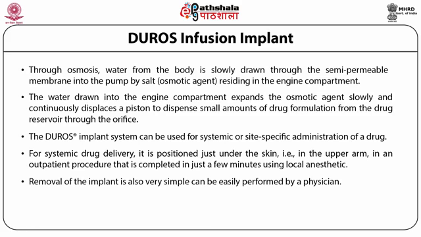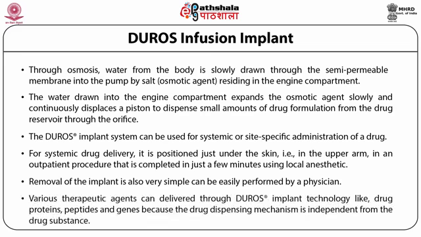Removal of the implant is also very simple and can be easily performed by a physician. Various therapeutic agents like drugs, proteins, peptides, and genes can be delivered through the Duros implant technology, because the drug dispensing mechanism is independent from the drug substance used.